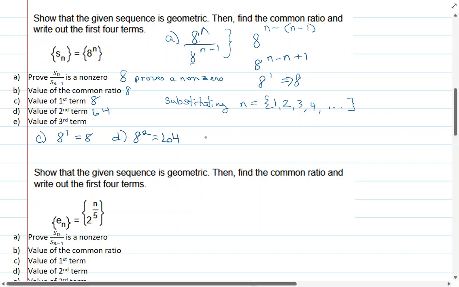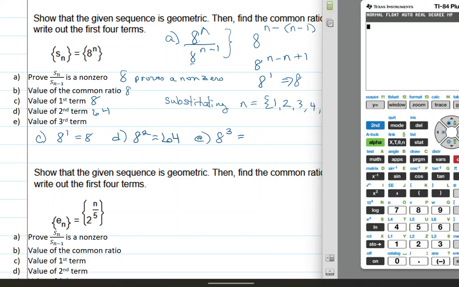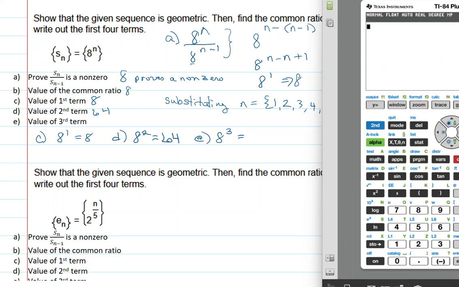For 3, I would have 8 to the 3, which is, and I'm not that good, hold that thought. Okay. Yes, 512.